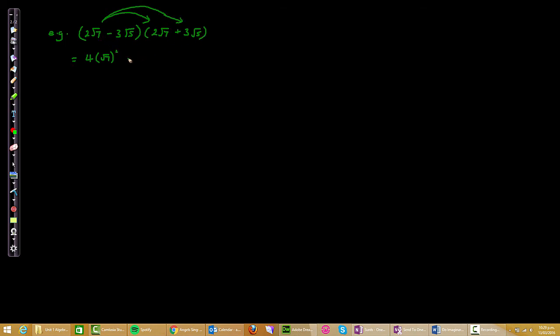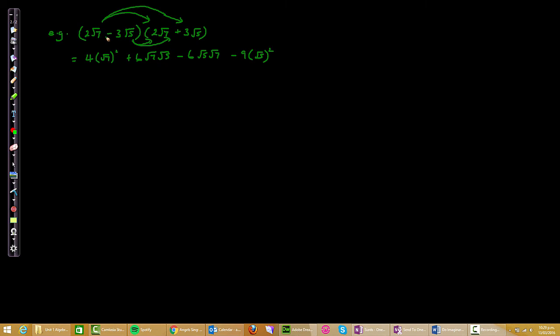So that's going to be equal to positive 6 root 7 root 5, and these two now multiply together, so minus 6 root 5 root 7, and that times that. Okay, that's going to be minus 9 and then root 5 squared.